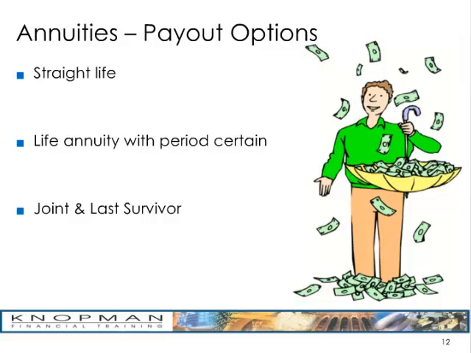So let's say the annuitant dies after 3 years. Well, then their beneficiary will get money for 7 more years. It's a guaranteed minimum. If the annuitant lives for 20 years, they get funds the entire time. So the period certain only applies if the annuitant dies within the period certain, in which case the beneficiary would get distributions for the remainder of that period certain.